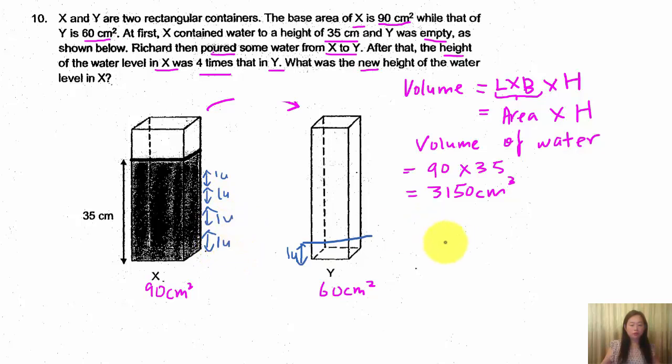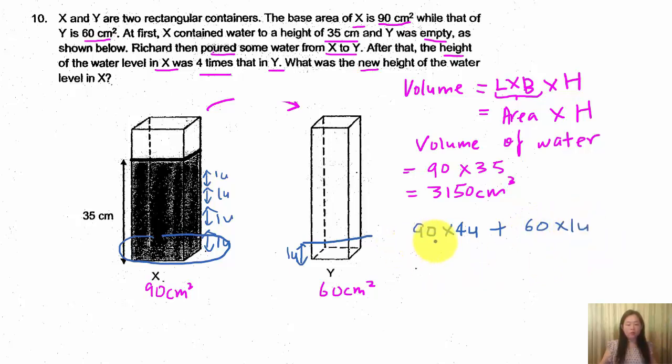So therefore the total will be 4U, right? So what is the volume of water based on 1U of height? It will be 90, which is the base area, multiplied by 4U, plus the volume of water here, which is 60 multiplied by the height, which is 1U.